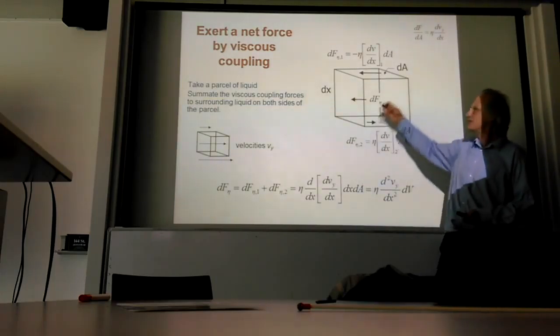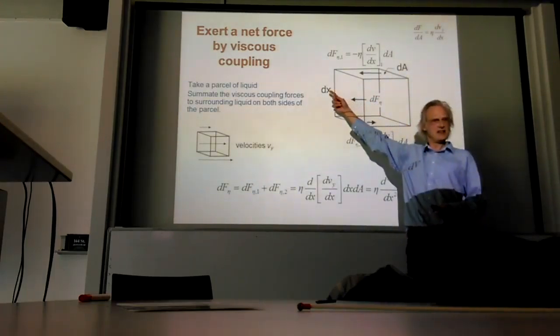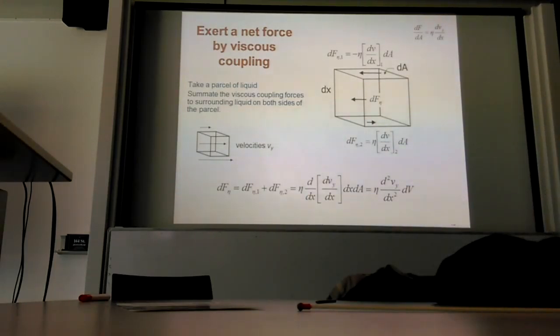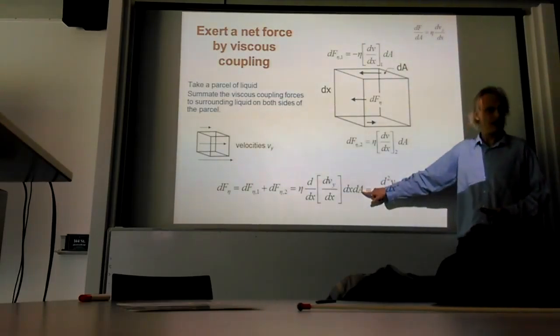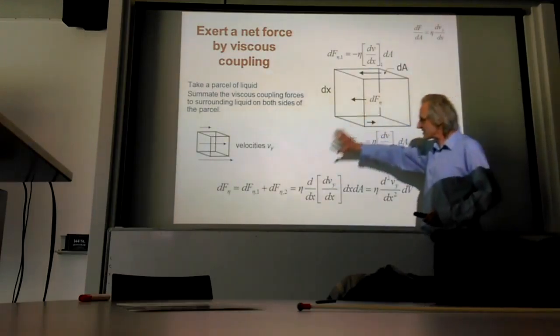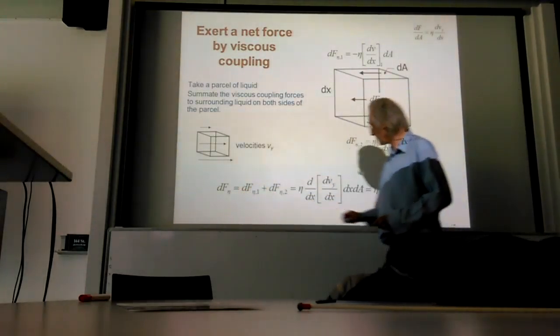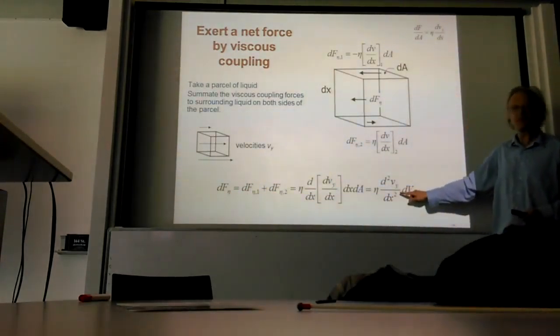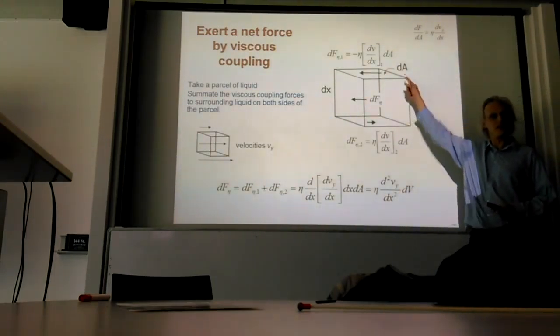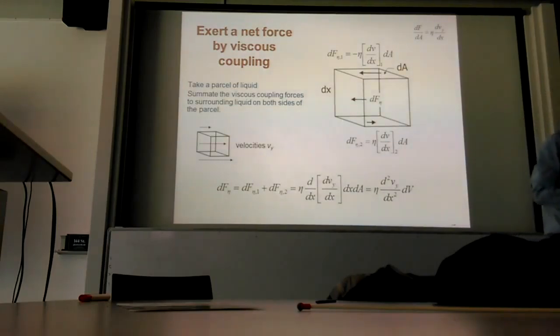Because it's a change of the velocity gradient over this little distance dx, so that's the gradient of the velocity gradient. It's the second derivative of the velocity. Times dx times dA, that's our volume again. So the viscous force is equal to the second derivative of the velocity. It's the change of the velocity gradient over the length of our particle.